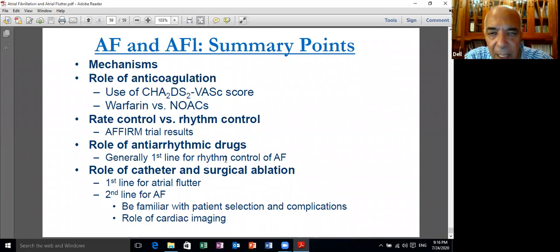هل ده ينطبق على الـ adrenergic atrial fibrillation؟ Maybe we are very short of complete knowledge about the genetic mechanism underlying atrial fibrillation.